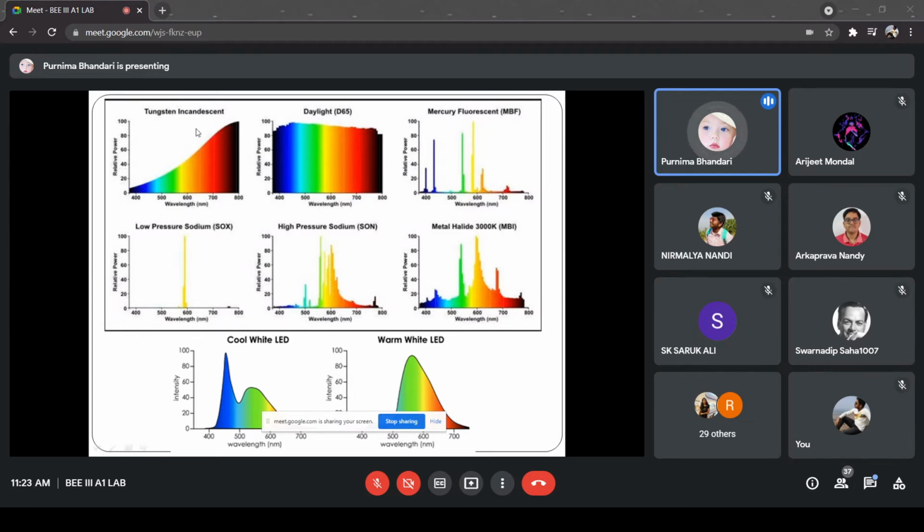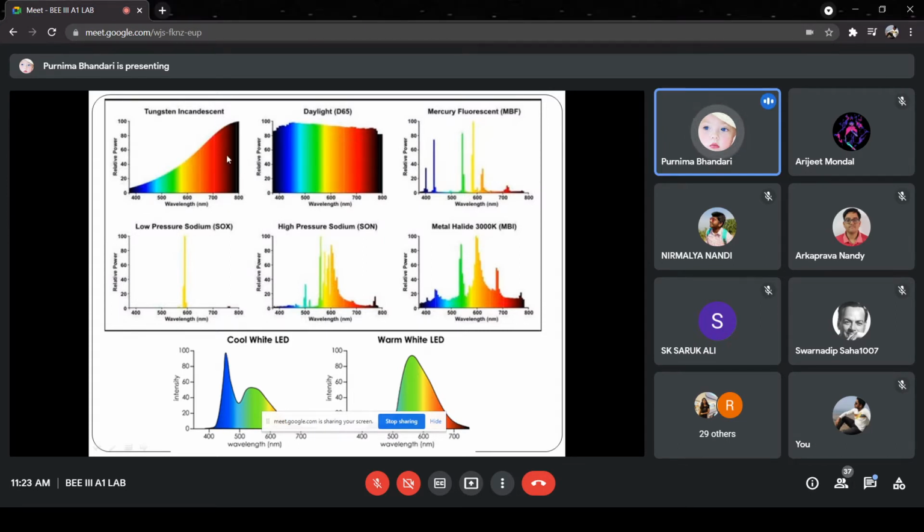This is for a tungsten incandescent lamp. You can see it gives a continuous spectrum, with all the colors present. For daylight also, the radiation at each wavelength is high and continuous. This is a mercury fluorescent lamp, radiating line spectra at different color wavelengths, not at all wavelengths.